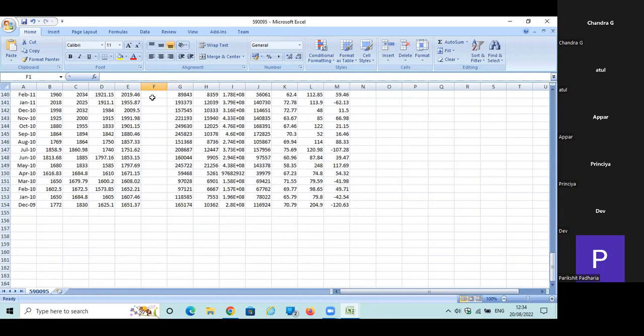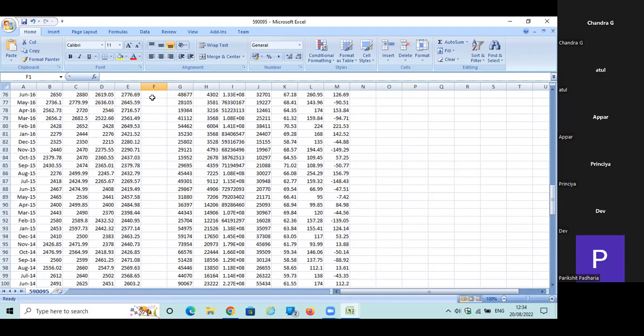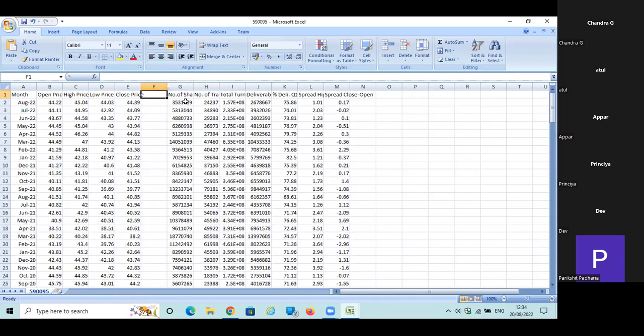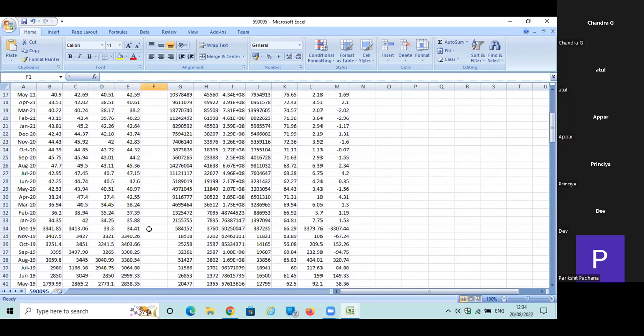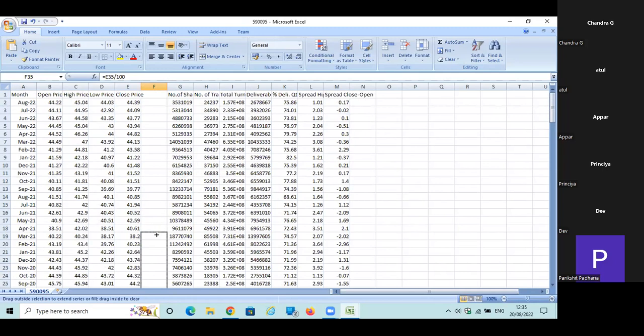Go up. Where it is, stop there. Where that it's jumping, come to that place. Equals to that divided by 100. Copy that. No, for the other things you don't need to, only for the previous data.